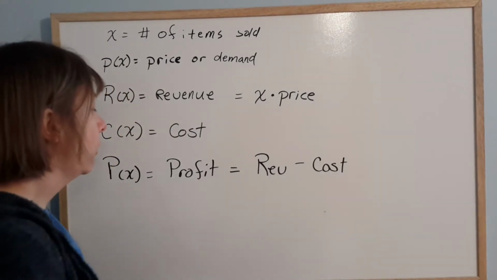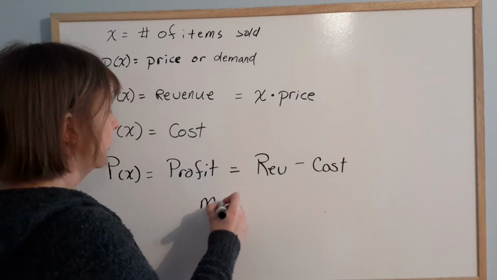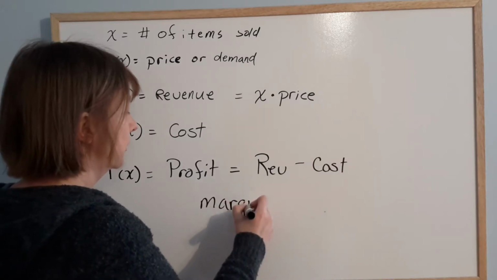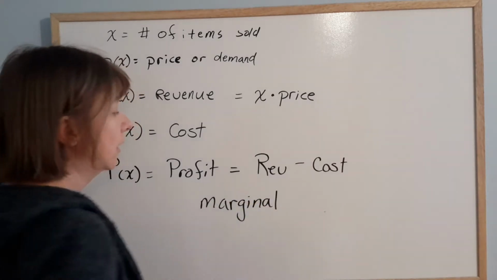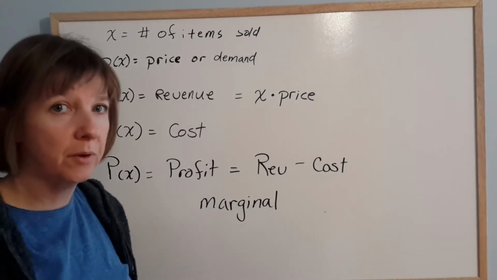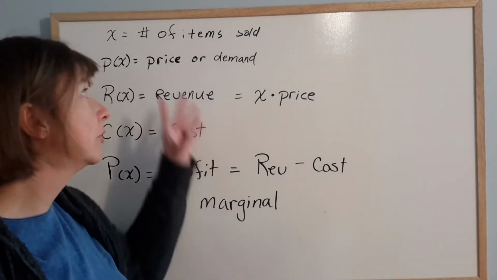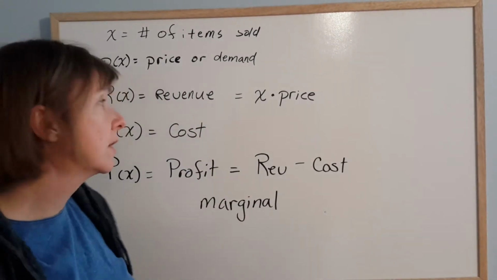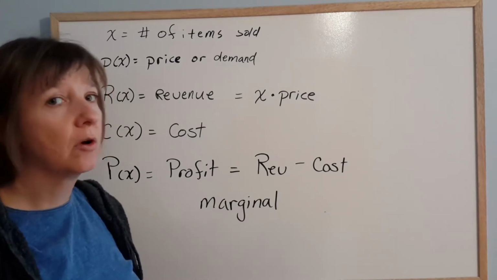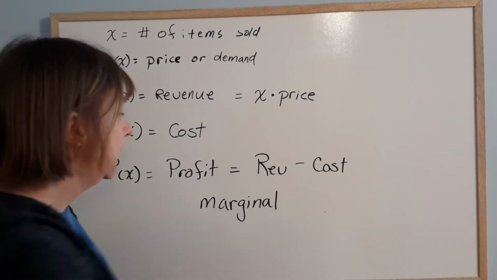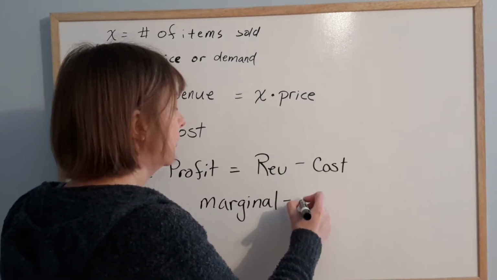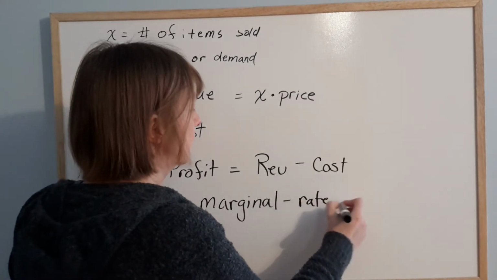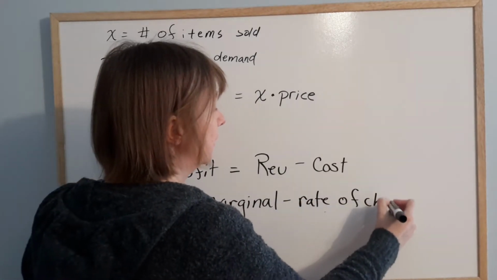Now, whenever you see the word marginal in terms of business, whenever you see the word marginal in front of these, so marginal price, marginal revenue, marginal cost, marginal profit, it really means the rate of change of that thing.